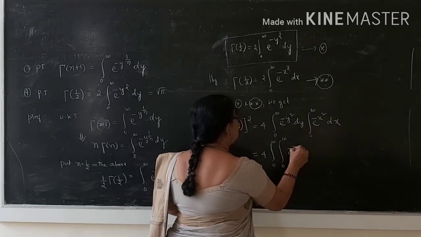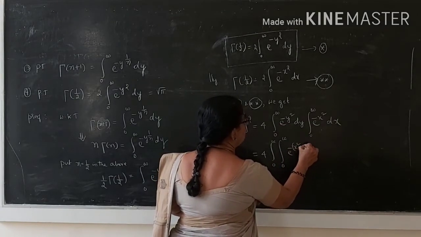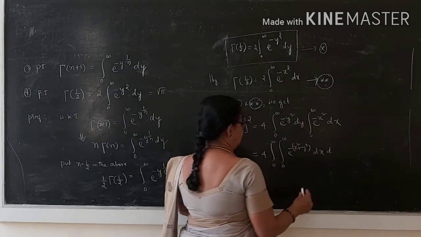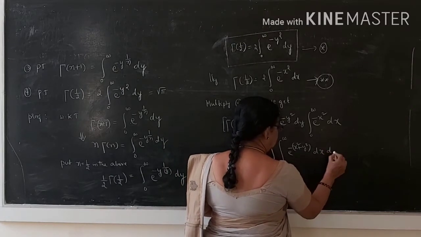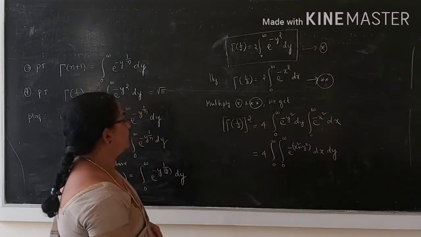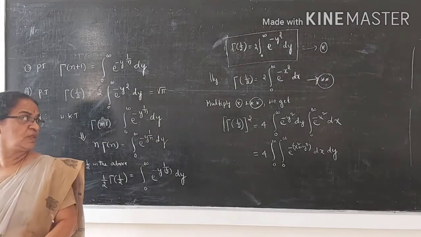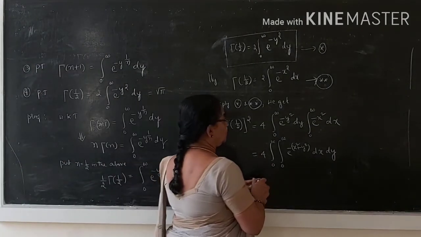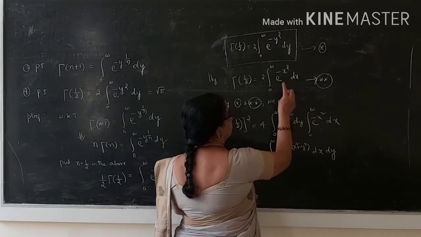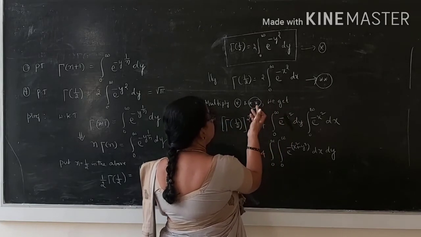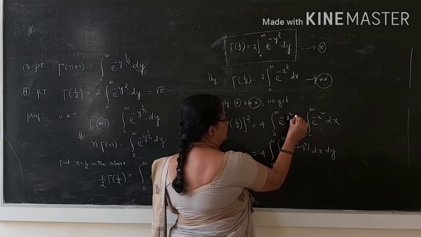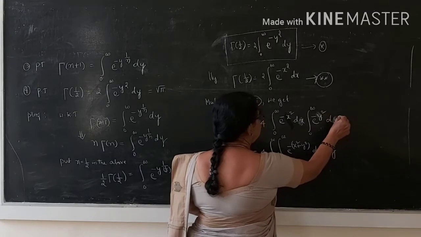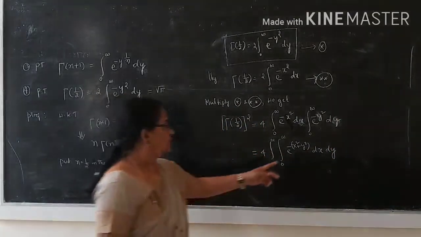Since the base is same, I add the power, that is e power minus of x square plus y square dx dy. Even if you don't want to alter like this, you can write this as equation star and double star. It is e power minus x square dx and e power minus y square dy. It will be same. Here dx into dy.